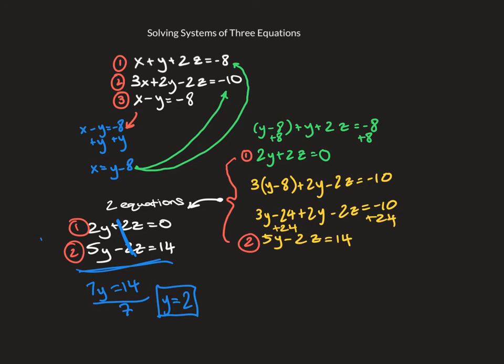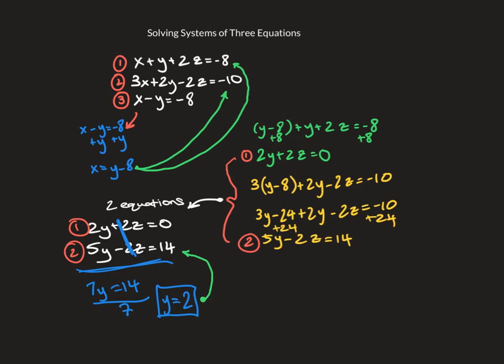Now that we've got one of our variables, all we have to do is plug in, once again, like two systems. We'll take this, plug it back in to, let's say, this second equation. It can be 1 or 2. I'll just take 2. It doesn't really matter.